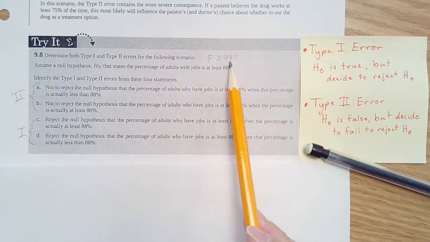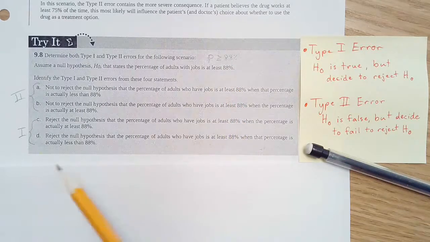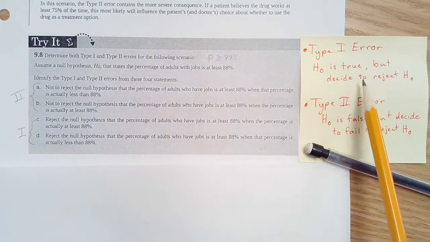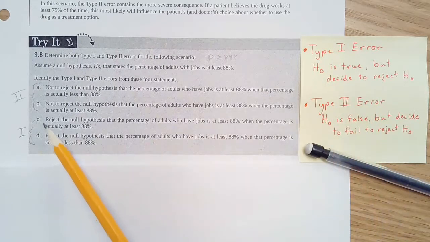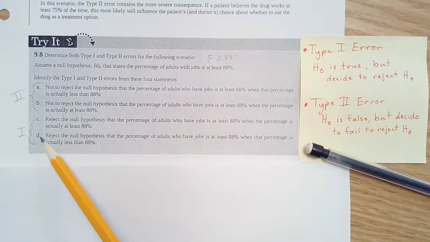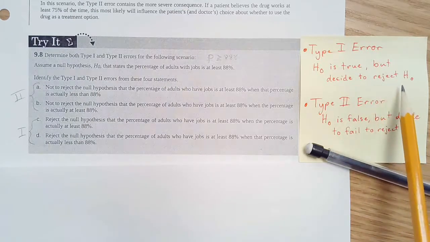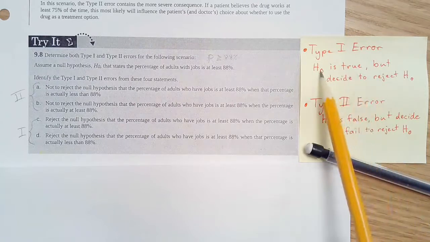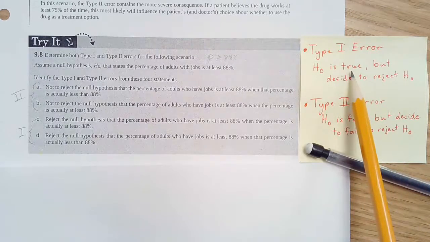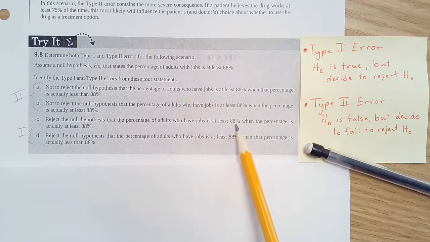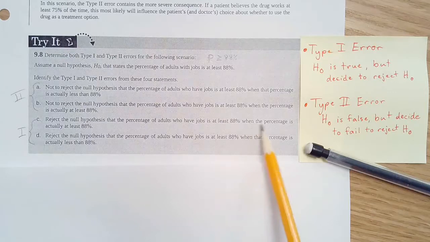Alright, so now we're going to take a look. Let's decide which one is our type 1 error. We've already simplified this down to say that it's got to be C or D, because the decision was to reject the null hypothesis. Now we just need to see which one says that that hypothesis was true. On this one, the percentage of adults with jobs is at least 88%, when the percentage is actually at least 88%.